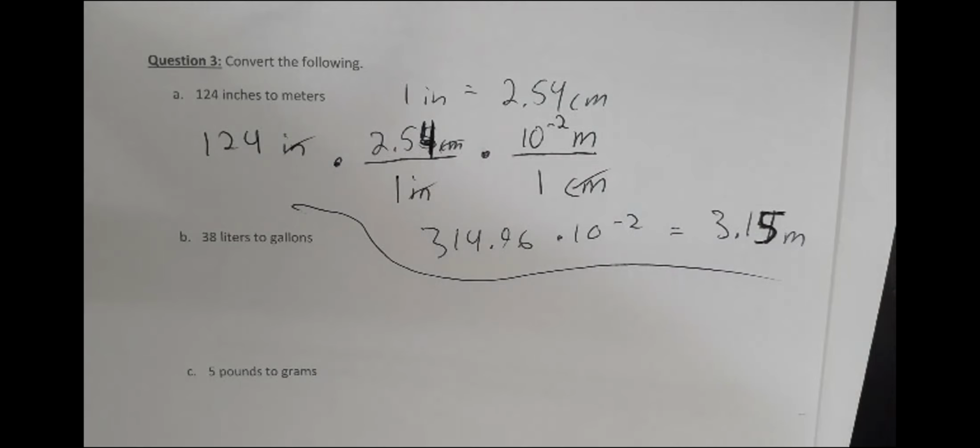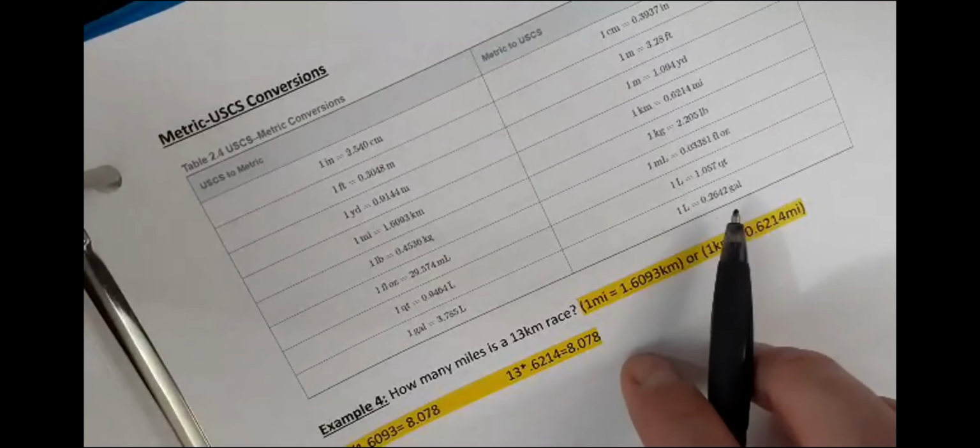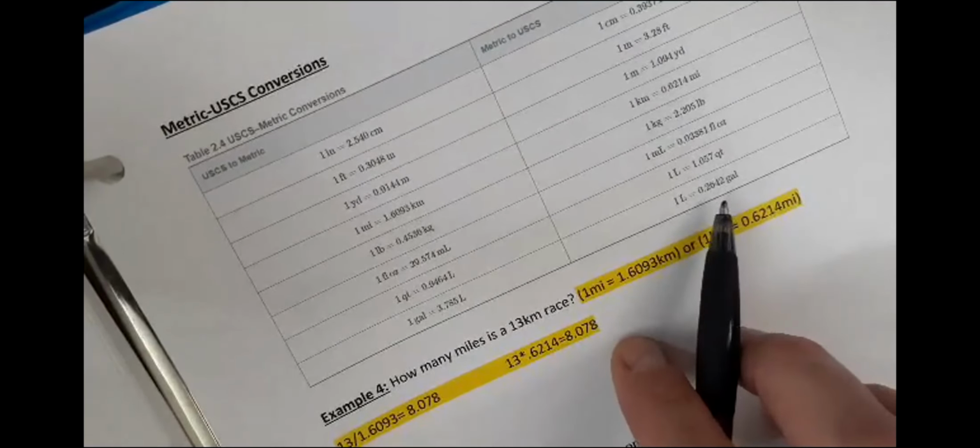Liters to gallons. So it looks like we get inches, feet, yards, miles, pounds. Where are we at? Very last one, I think. And I think the way they give you the table, we can do 1 gallon is 3.785 liters, or 1 liter is 0.2642 gallons.